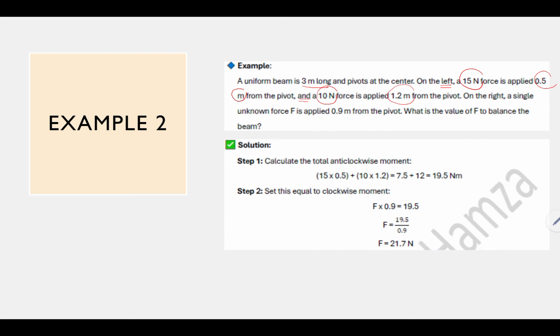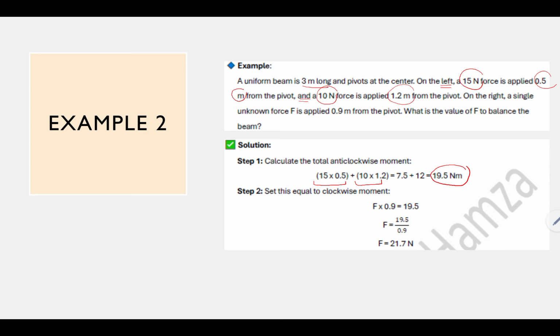So 15 times 0.5, that's the first moment on the left, plus 10 times 1.2, that's the second moment on the left, should be equal to the moment on the right, which is 0.9 times F. So we found all the moments on the left, giving 19.5 Newton meter.